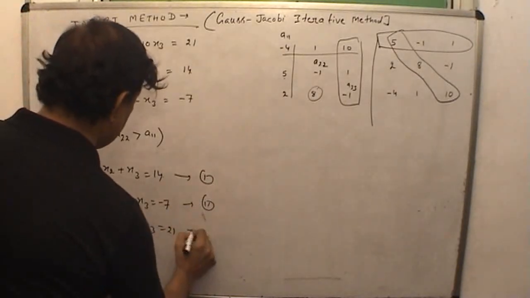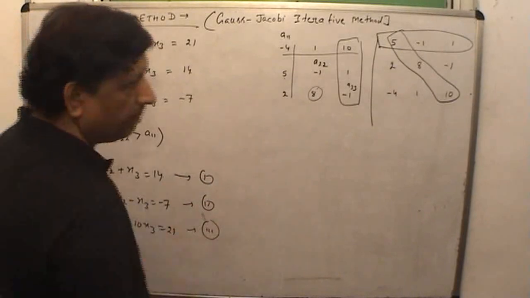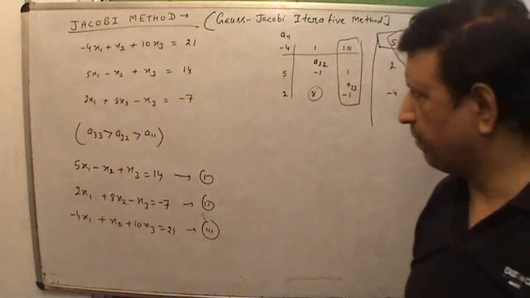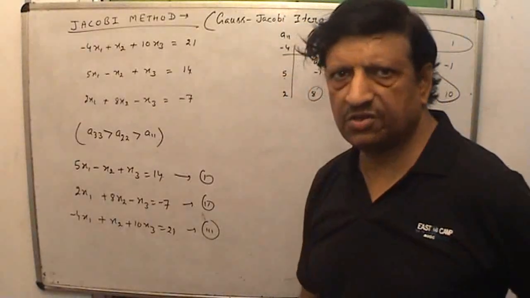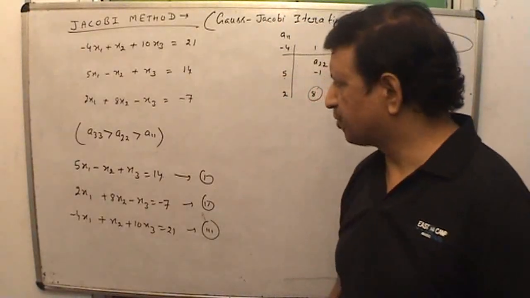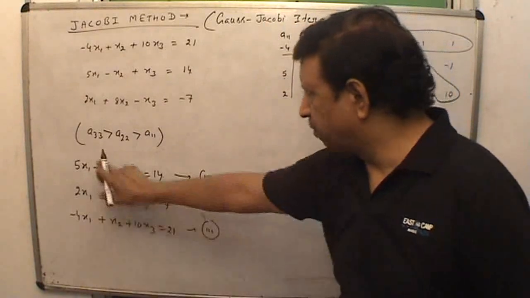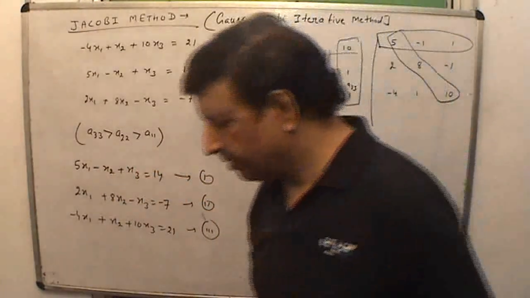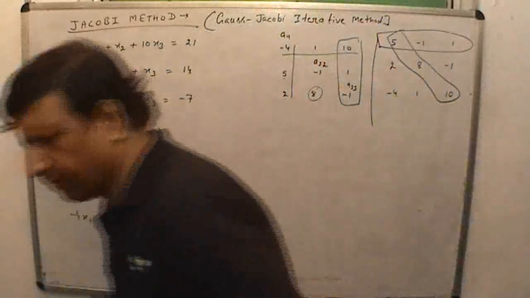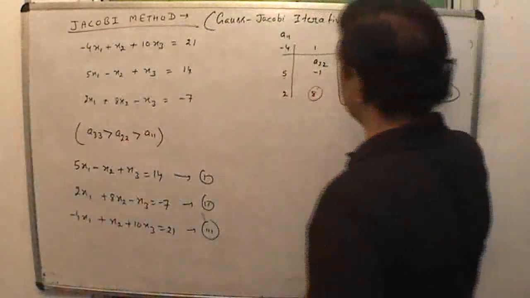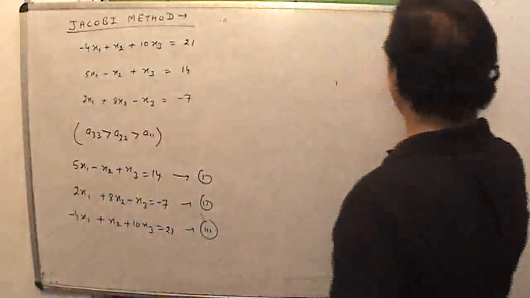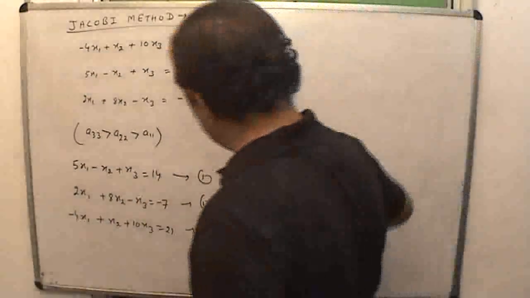Equations 1, 2 and 3. The first step is to reshuffle the given system in such a manner that its diagonal elements follow this rule. If it is already so, then there is no need to reshuffle them. Then secondly, we can solve them like this.